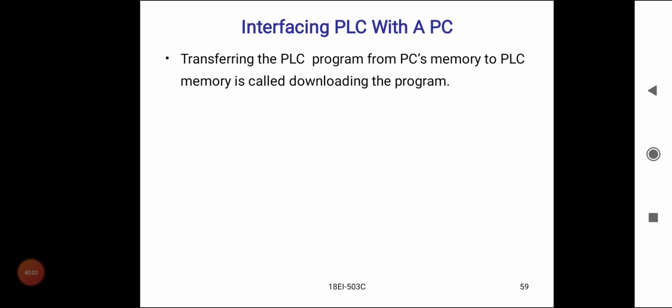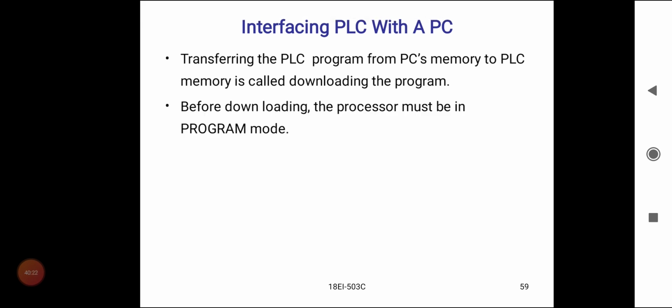Transferring the PLC program from the PC's memory to the PLC memory is called downloading the program. Before downloading, the processor must be in program mode.